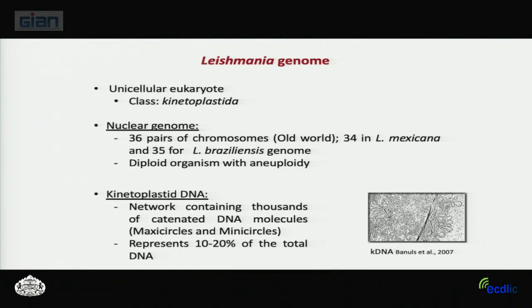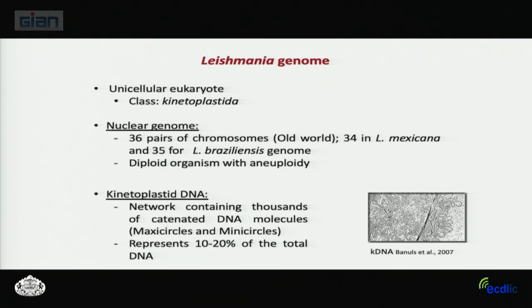Interestingly, Leishmania mexicana, a New World strain that produces cutaneous leishmaniasis, has only 34 chromosomes. Leishmania braziliensis, which produces these mucosal lesions, has 35 chromosomes. These organisms are diploid, but with lots of aneuploidy. So they're largely diploid, but with all this interesting aneuploidy, and we'll talk about it.